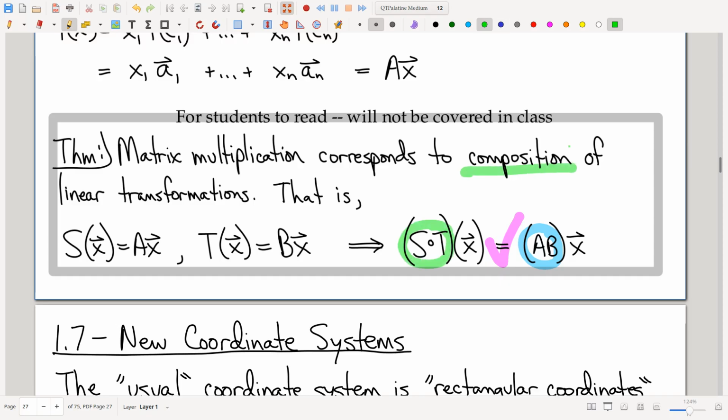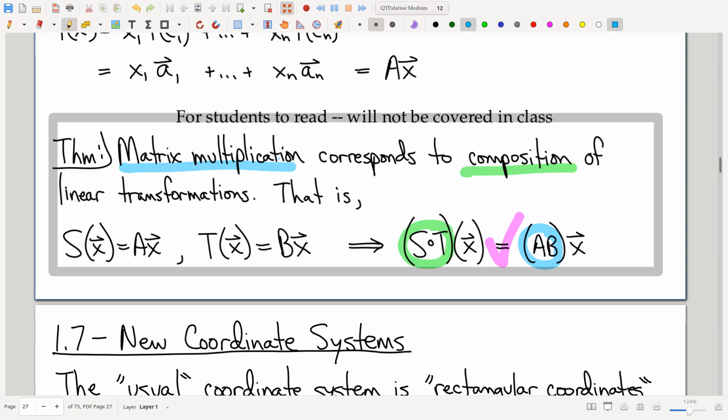So matrix multiplication is just a kind of a matrix version of composing linear transformations. And composition is an extremely natural construction. What comes out of one function, you stick it into the next function, right? That's very natural. So matrix multiplication is what makes that work from the point of view of matrices.